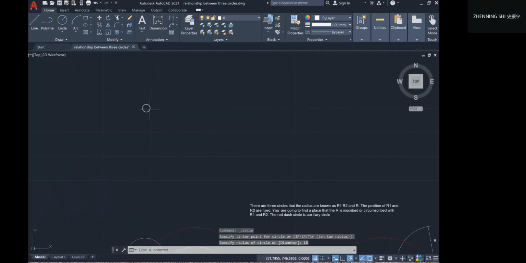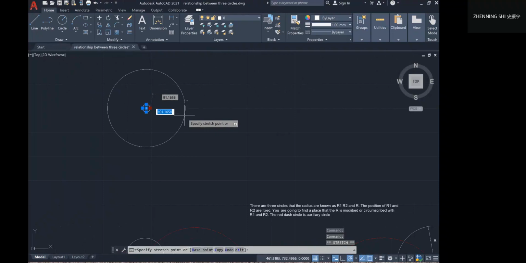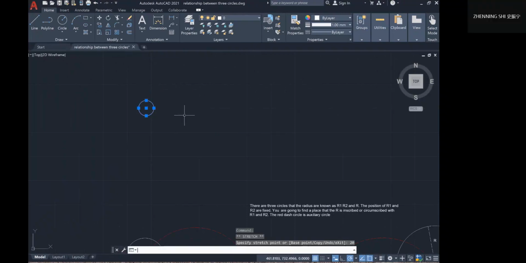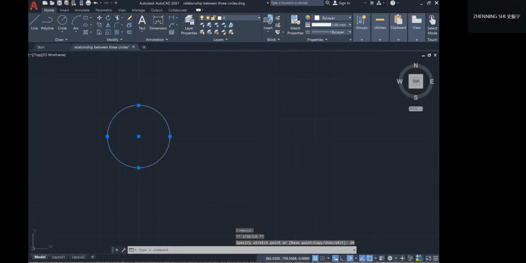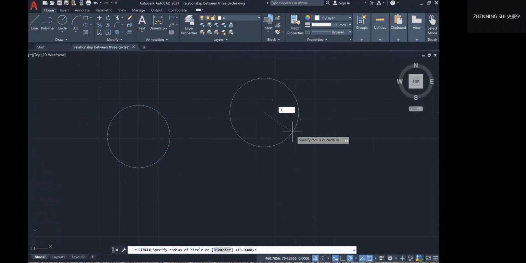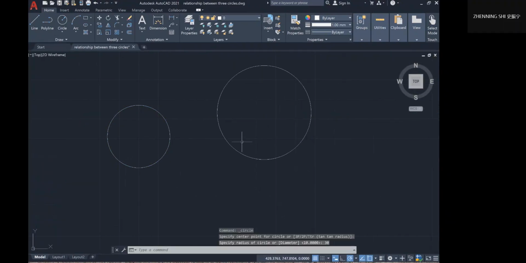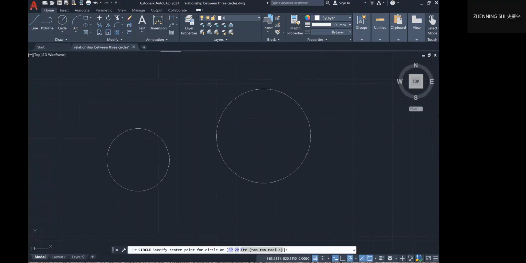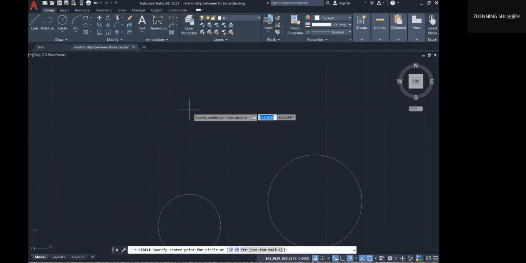Oh, it's so small. 20. Okay. And another one is 30. And now you have a circle that the radius is 40.